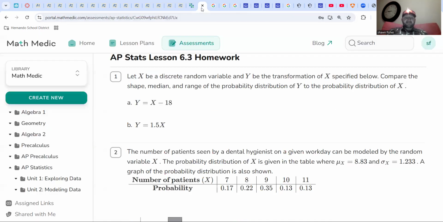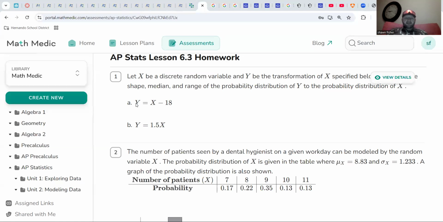So if I said let random variable X be a discrete random variable, and Y is the transformation of X, tell me what the shape would be, tell me what the median would be, and tell me what the range would be. All I'm asking you to do is look at your homework.